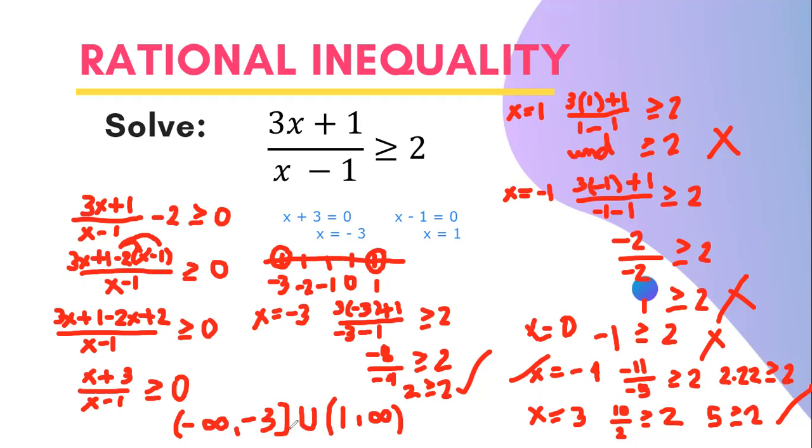But if you use the bracket, it represents solutions that are greater than or equal to, or less than or equal to, the number. So meaning up to negative 3 only. Okay? So this is the final answer for this rational inequality using interval notation.